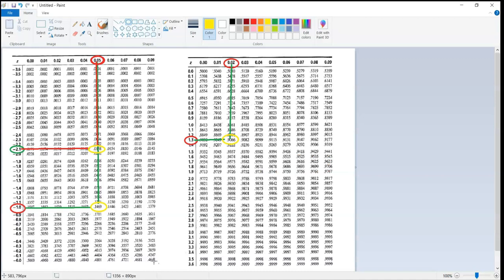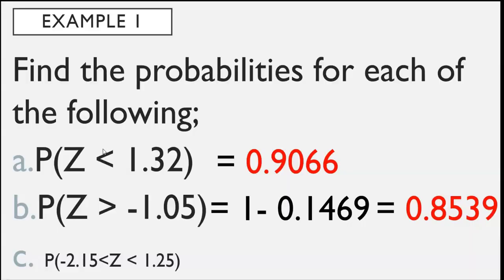Now, let's find the area of our second z-score, 1.25. So, in our z-table, it is located at the positive side. So, 1.25 is at 1.2 and 0.05. So the area is where these two values cross, and they cross at 0.8944. Since we're going to find the probability between two z-scores, we're going to use the third rule. We're going to subtract the z areas obtained from our two z-scores. So subtract the smallest area from the biggest area.